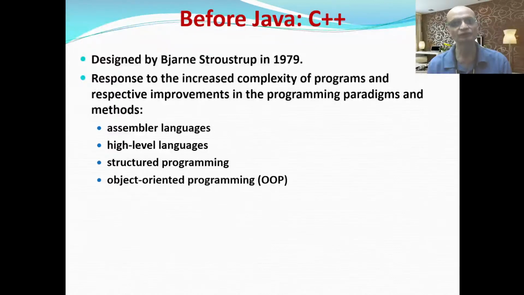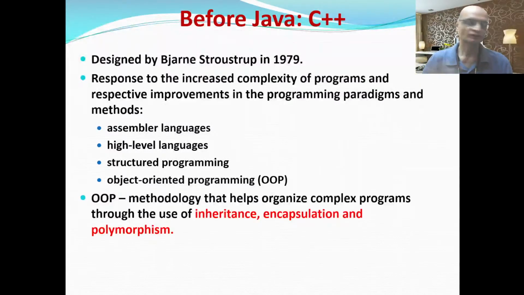C plays a very important role when it comes to systems programming, like drivers and things like that. And then obviously they added object oriented features, the object oriented paradigm, and that's where C++ has come. Object oriented methodology helps to organize complex programs through the use of key features like inheritance, encapsulation, and polymorphism.